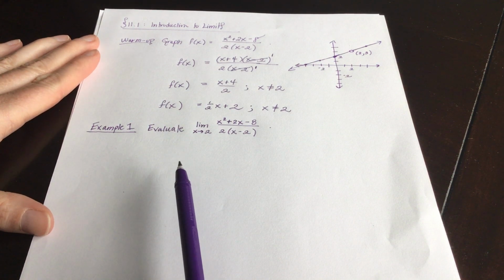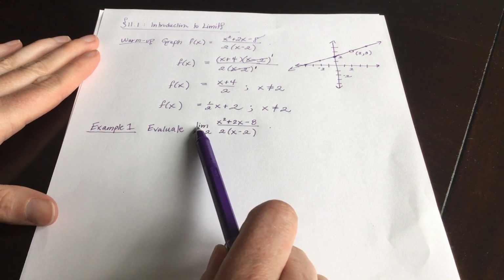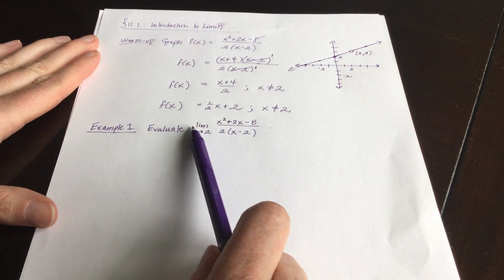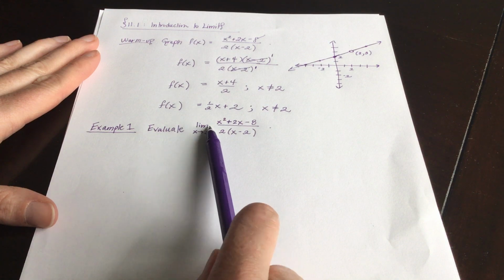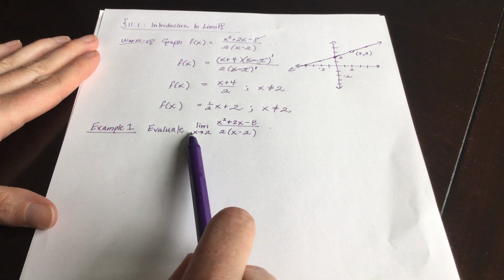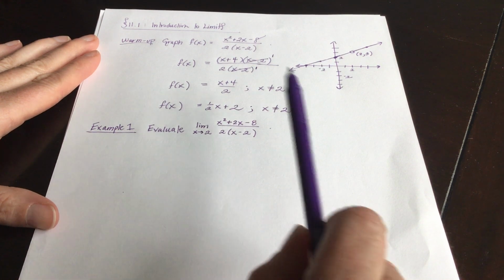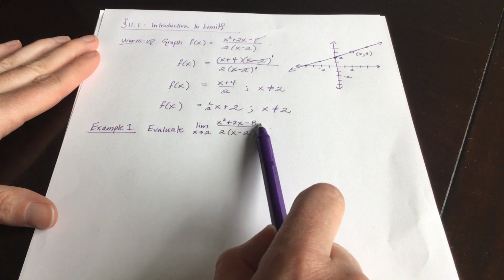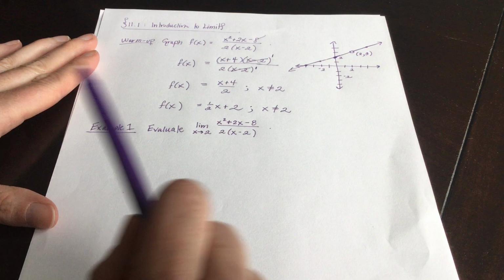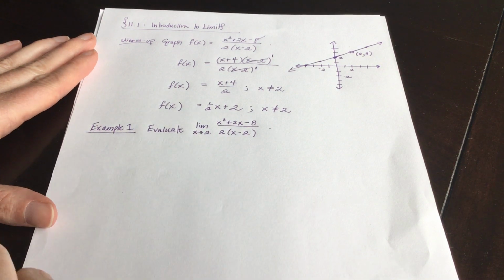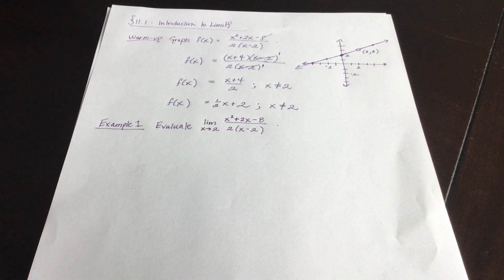When you read this, you say, the limit as x approaches 2 of x squared plus 2x minus 8 divided by 2 times the quantity x minus 2. I'm a firm believer if you sound educated, it's easy to be educated.